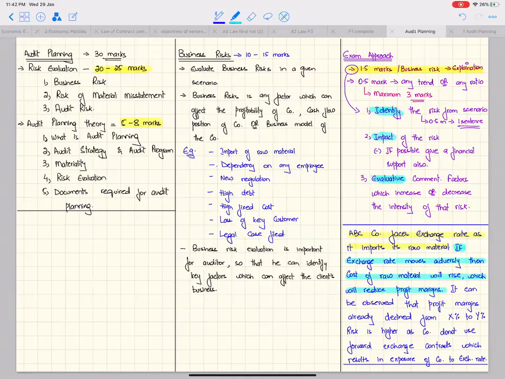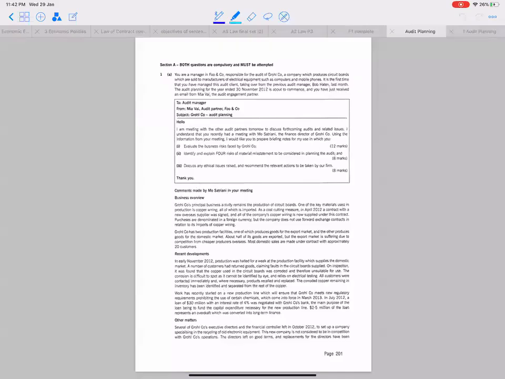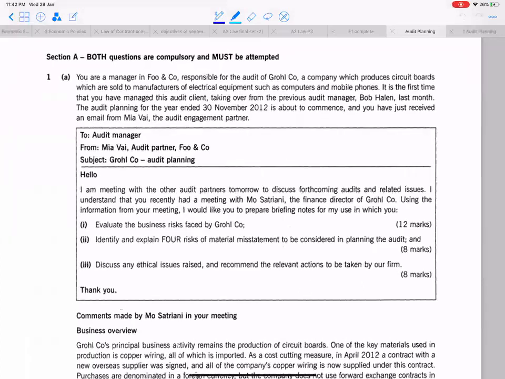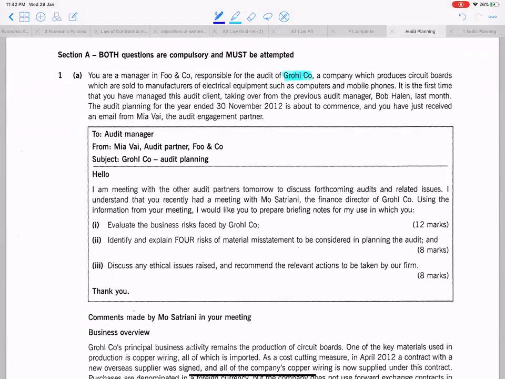Let's start with the first past paper question in this topic, which is Grohl Company. Now we will do multiple questions and with passage of time, you will get fluent in this area. But what I want from you is that you need to focus so that you can understand how I am approaching this question.